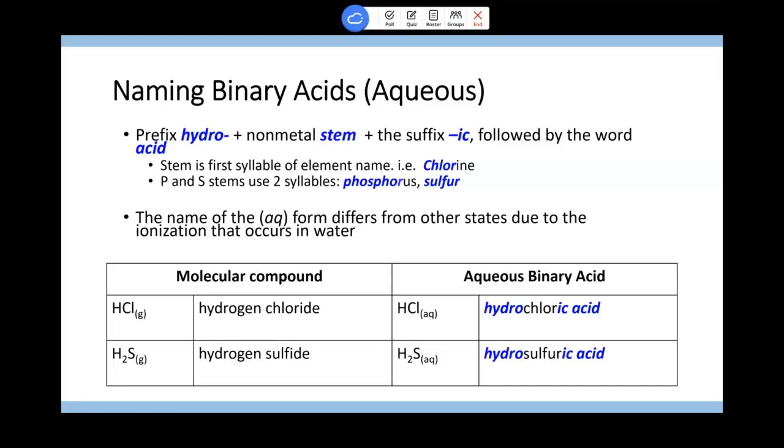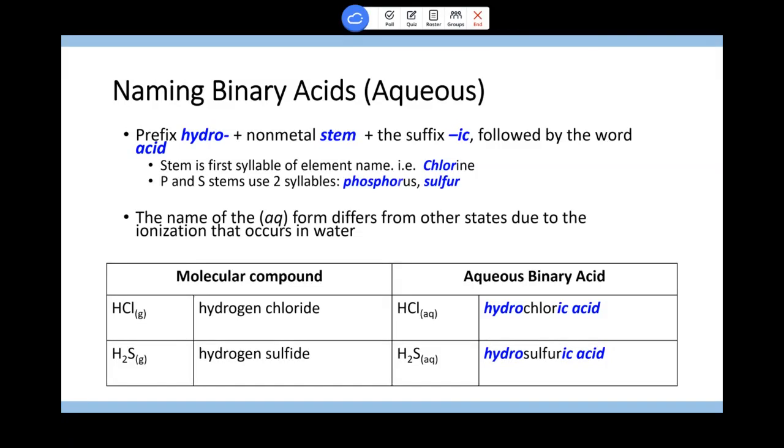So for binary acids, we have hydrogen and then another nonmetal. We use the naming pattern hydro first, and then a root from the other nonmetal, in this case chlor for chlorine, and then ic acid. So two atoms, hydrogen and something else, we have hydro, in this case hydrochloric acid.